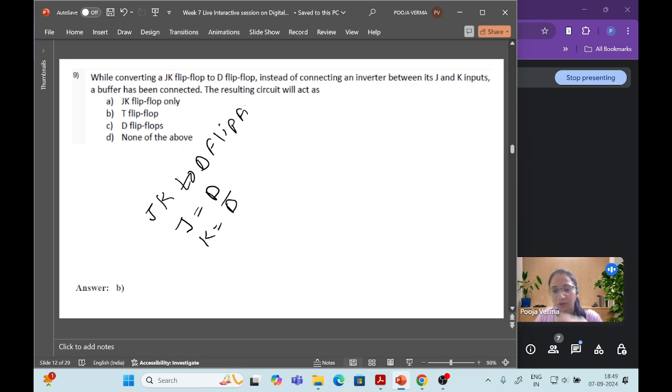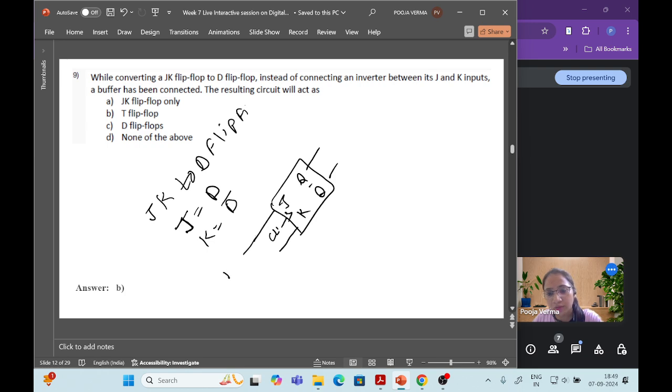Already you have solved this, so I am not going to solve all those things. So when we convert JK to D, the inputs given to J and K are D and D dash. That means J, K, here Q, Q dash. Here it is a clock.